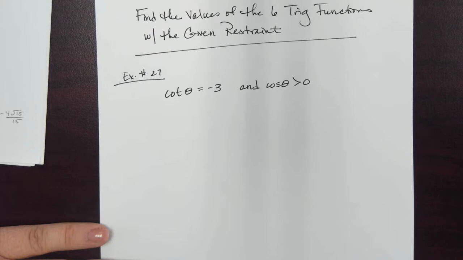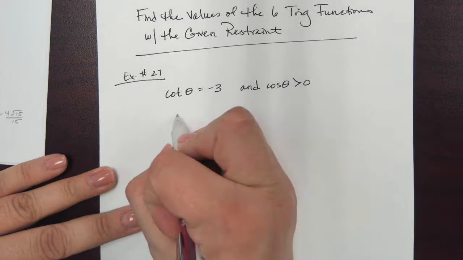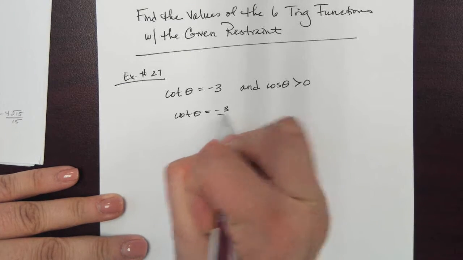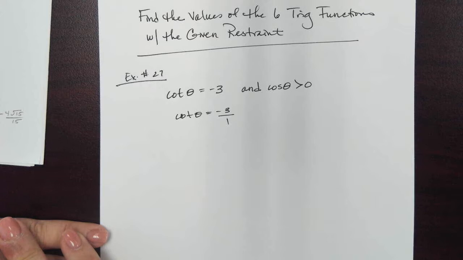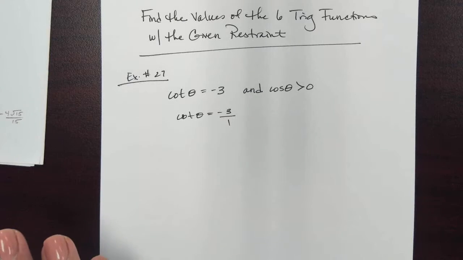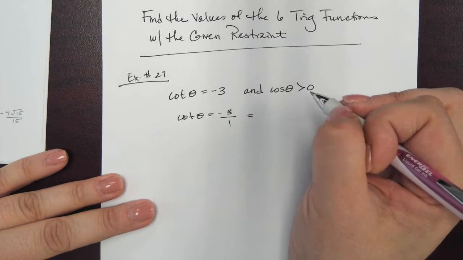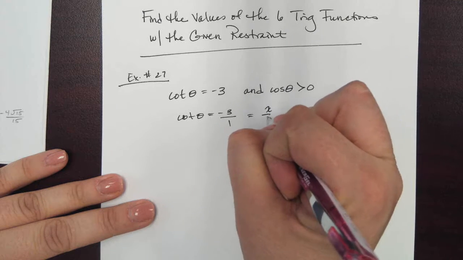Okay? We're not going to use identities. So I know if cotangent theta equals -3, that's the same as -3/1. And we know that cotangent theta is equal to x/y.